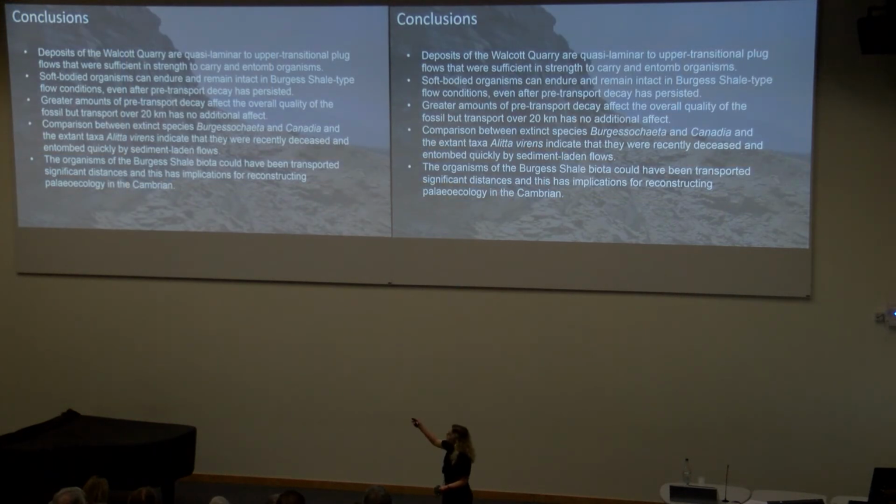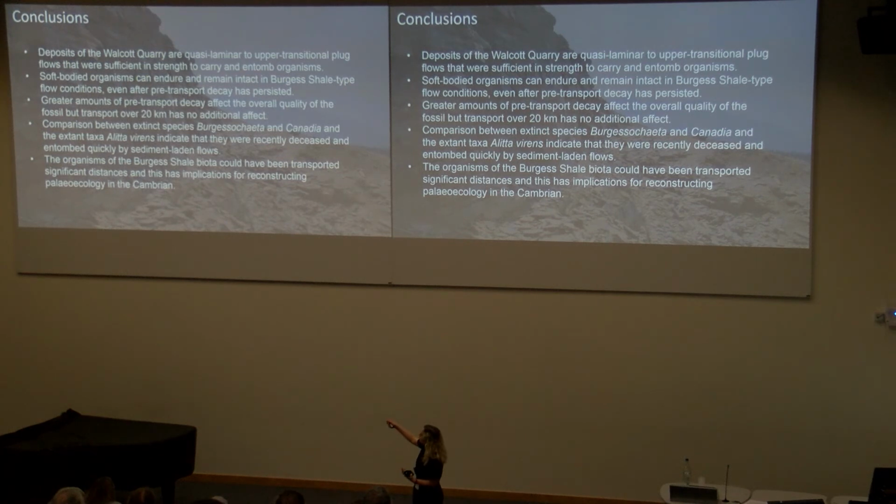So the conclusions. The Burgess Shale is in these upper transitional to quasi-laminar plug flows. Soft-bodied organisms, even after pre-transport decay, can endure transport over substantial distances. However, pre-transport decay, depending on the level it has progressed to, will damage the quality of the fossil.